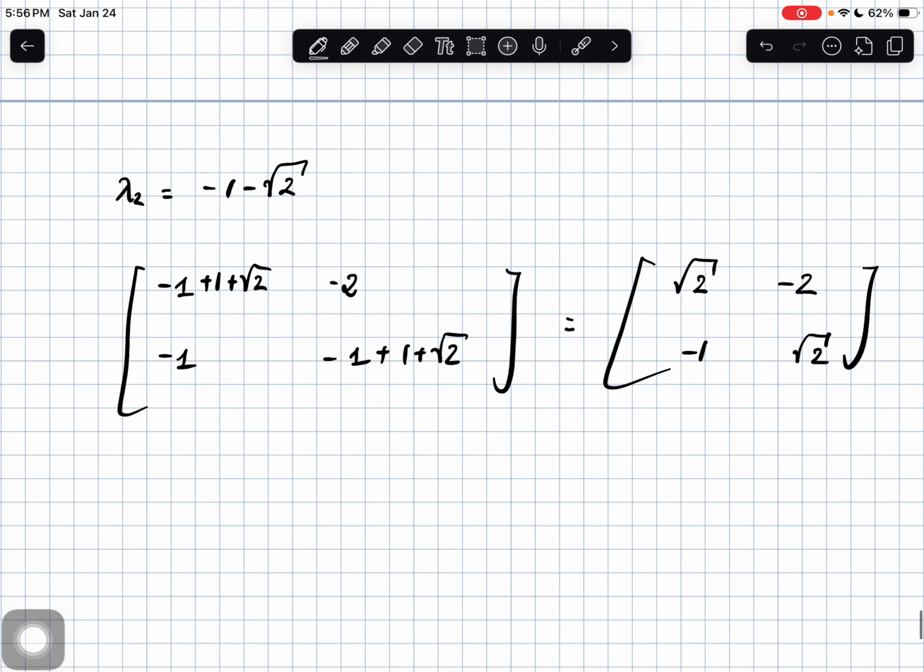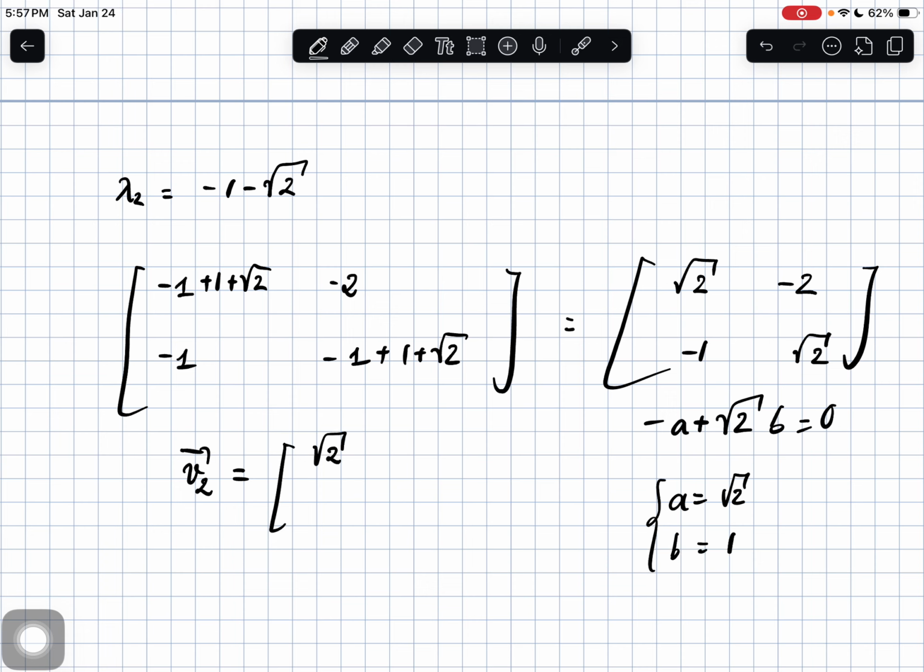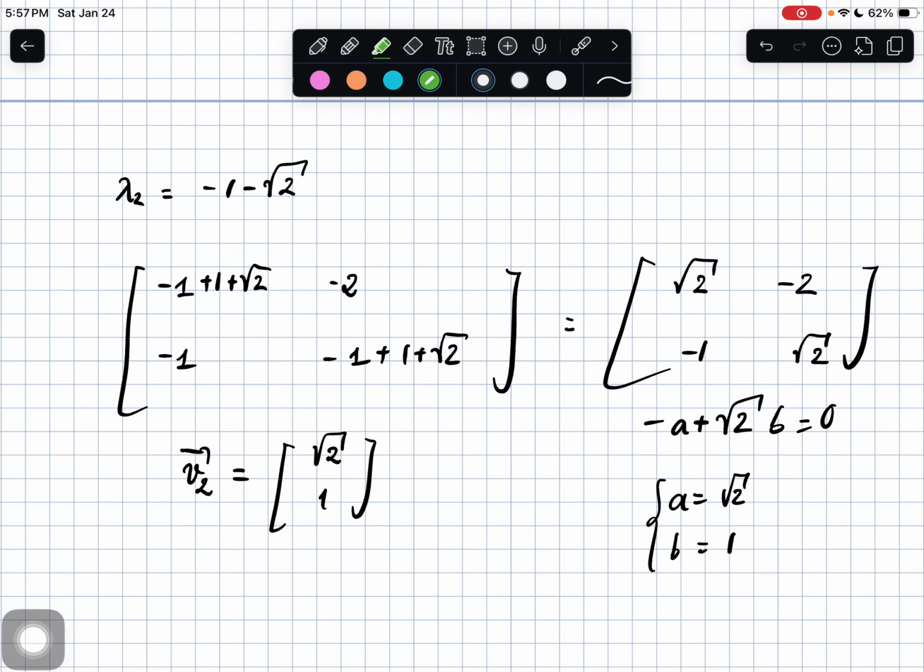So you can choose V2 to be A, minus A plus root 2B equals 0. So A you can choose to be root 2, B you can choose to be 1. Root 2, 1 is the corresponding eigenvector corresponding to that lambda 2.